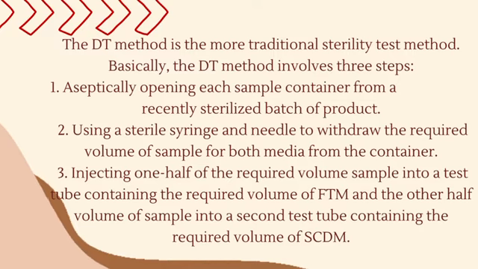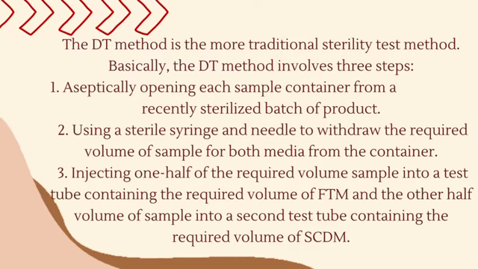Using a sterile syringe and needle to withdraw the required volume of sample for both media from the container. 3. Injecting half of the required volume of sample into a test tube containing the required volume of fluid thioglycollate medium, and the other half of the sample into a second test tube containing the required volume of soybean casein digest medium.